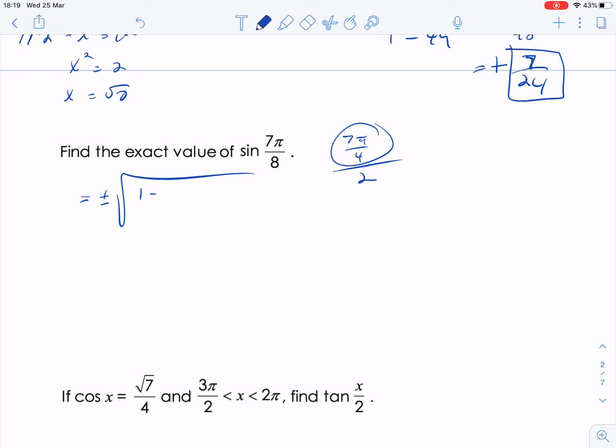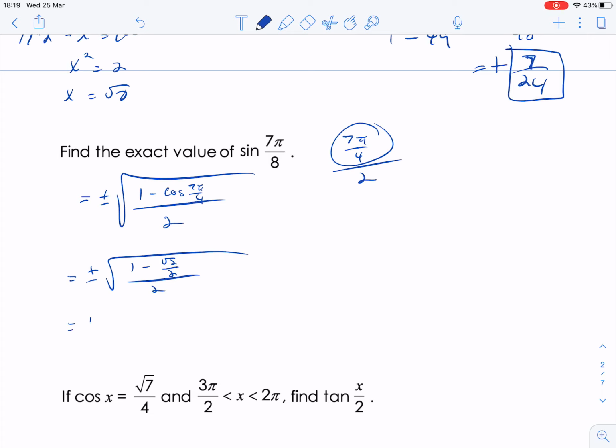So what is the cosine of 7 pi over 4 divided by 2? So here we go, plus or minus. Cosine of 7 pi over 4 is going to be square root of 2 over 2. What quadrant is that? That's fourth, so positive. So 1 minus square root of 2 over 2, all over 2.